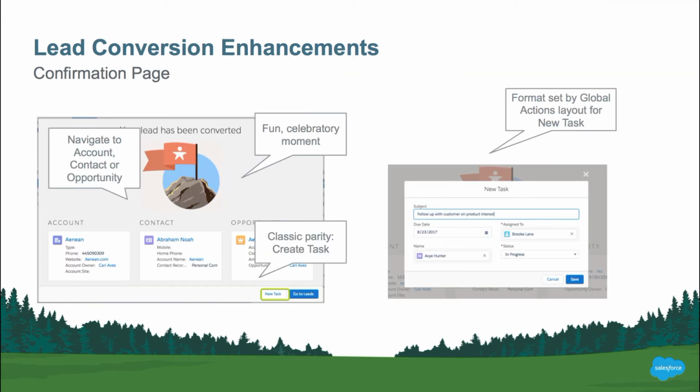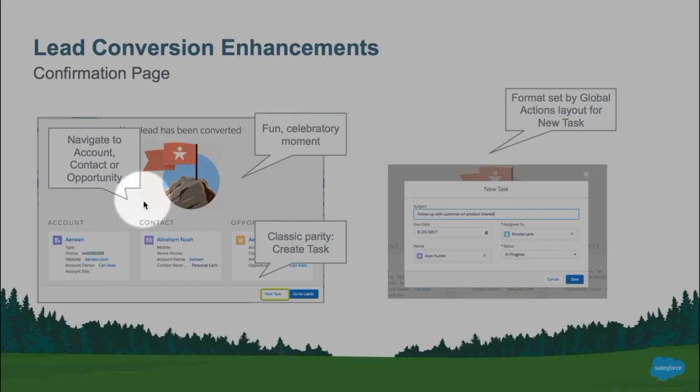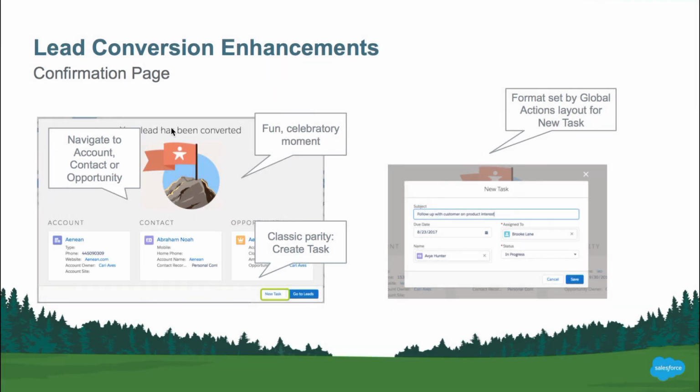And over here on the screen, you can see after the lead has been converted, we have a new, should I call it splash screen or confirmation screen over here on the left-hand side, indicating that the lead has in fact been converted. And we can see right here down below the different types of records that were created upon lead conversion. In addition, on the very bottom lower right-hand side, we have the option to create a new task.